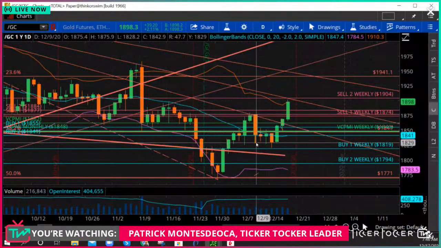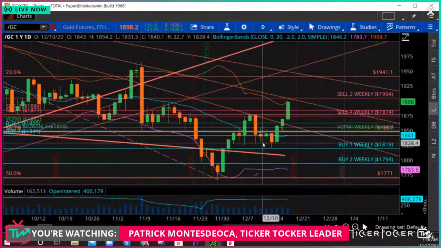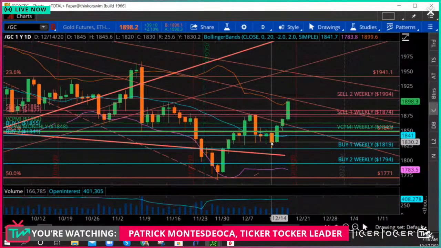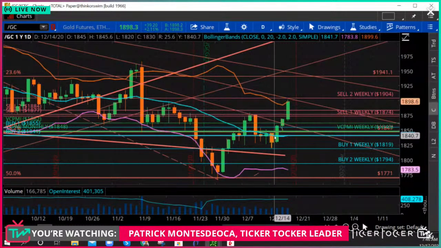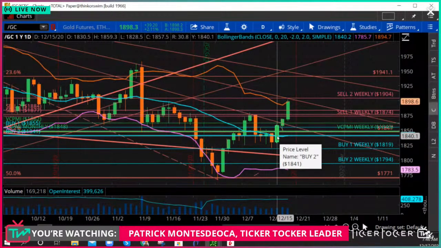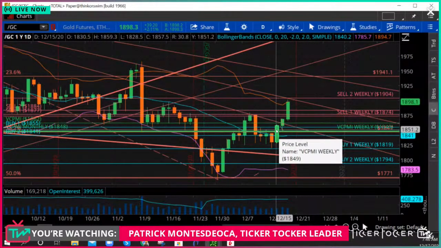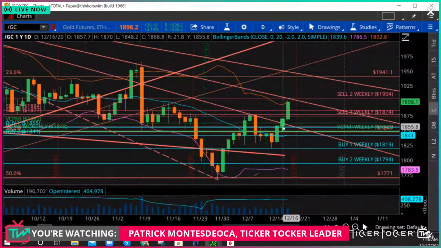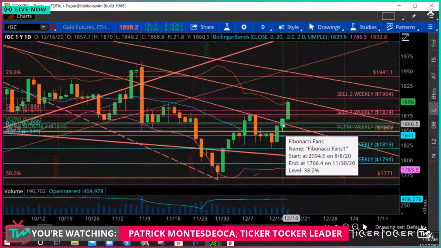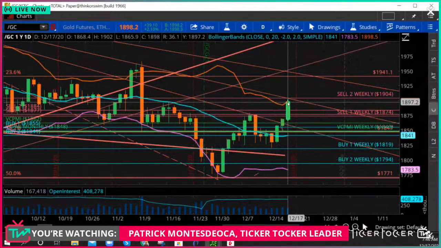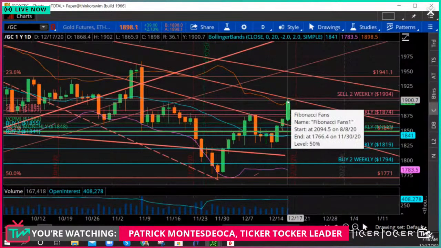Market came down, tested the support below, came down to the weekly buy one level, reverted back again, activated daily and weekly number triggers. It activated the weekly trend momentum, and then closing above that trend line, it just exploded as we are right now into the next target, which is 1904.